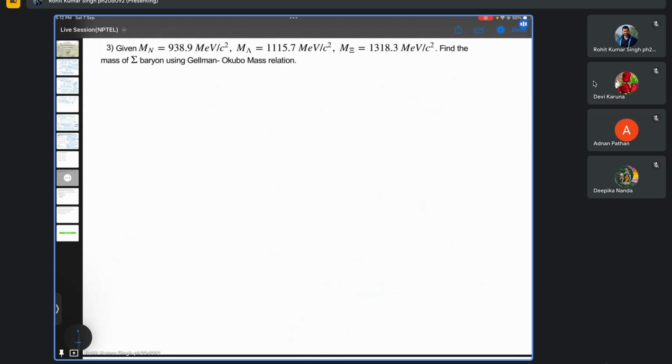This is a simple problem based on the Gell-Mann-Okubo mass relation. I think sir has done this in the lectures.